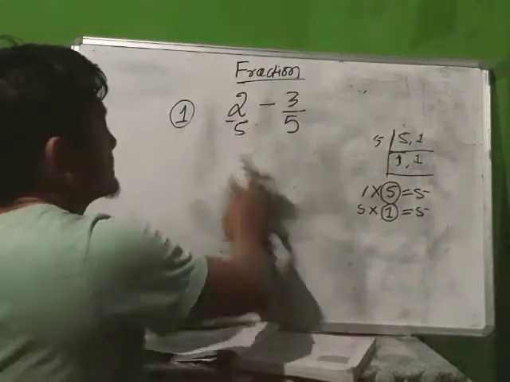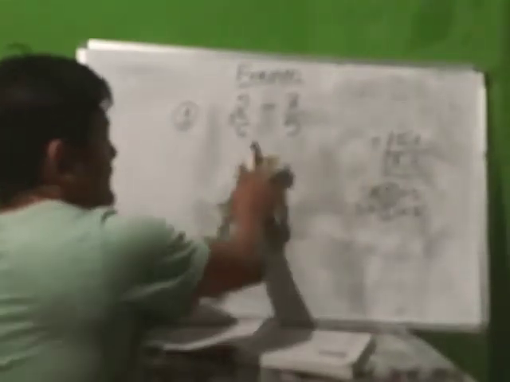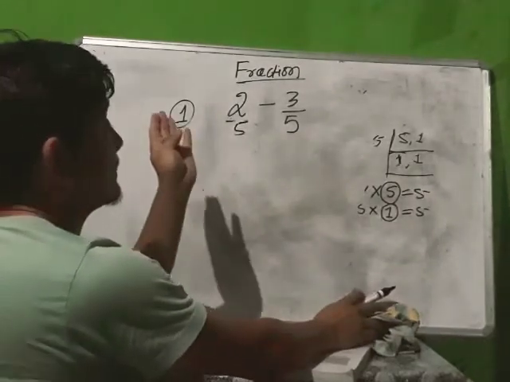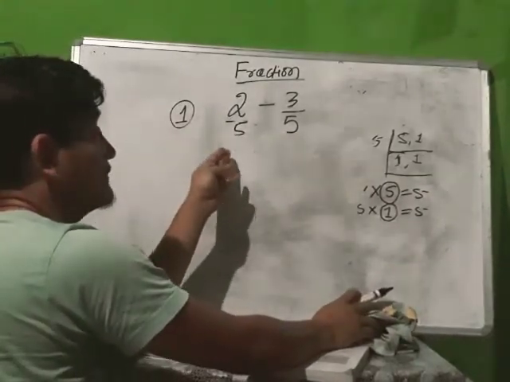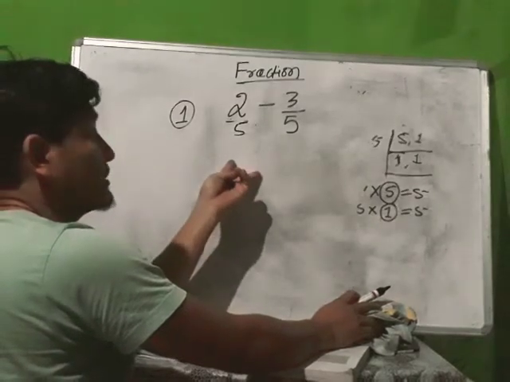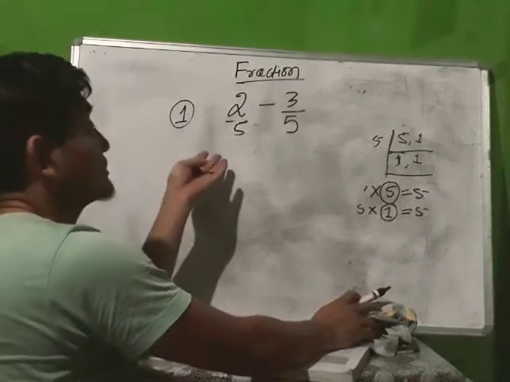Here in this case, do you need to find the LCM? The first thing is, yes, even if you have two denominators which are equal or the same, then in that case also you need to find the LCM.